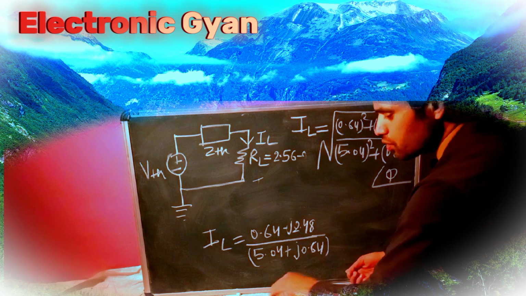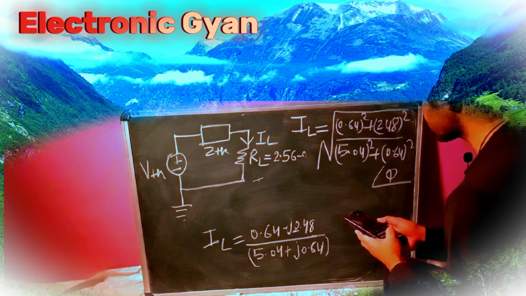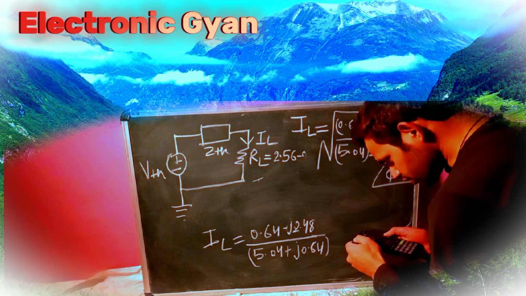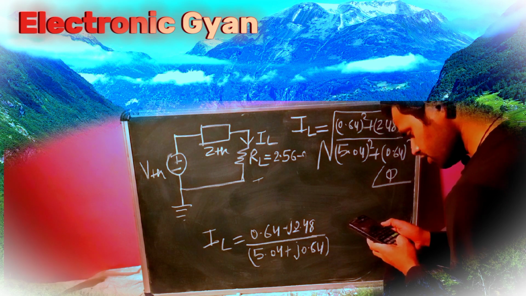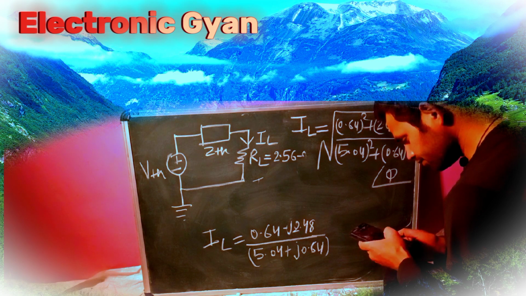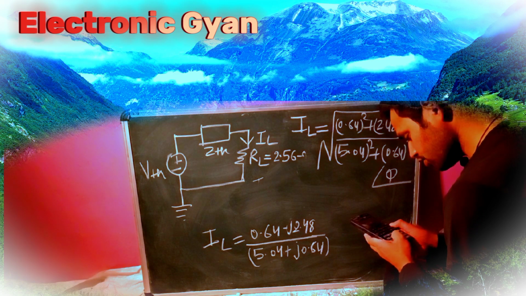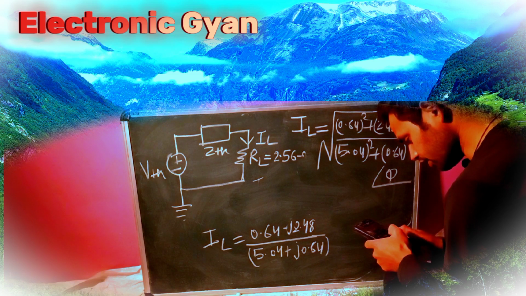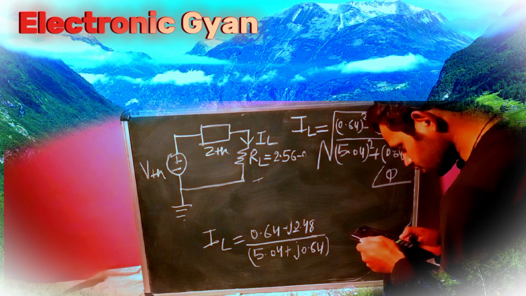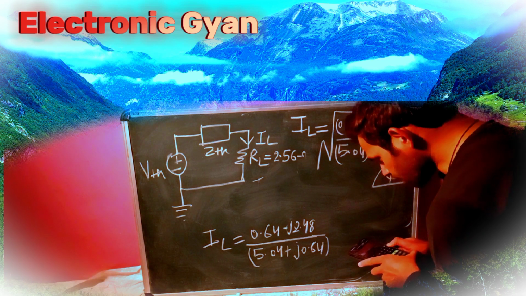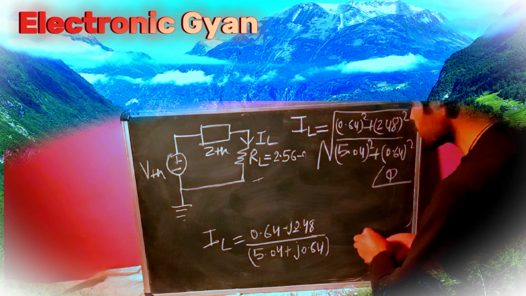If I solve this, I will get 0.64 square plus 2.48 square divided by 5.04 square plus 0.64 square, and this will come 0.50413.